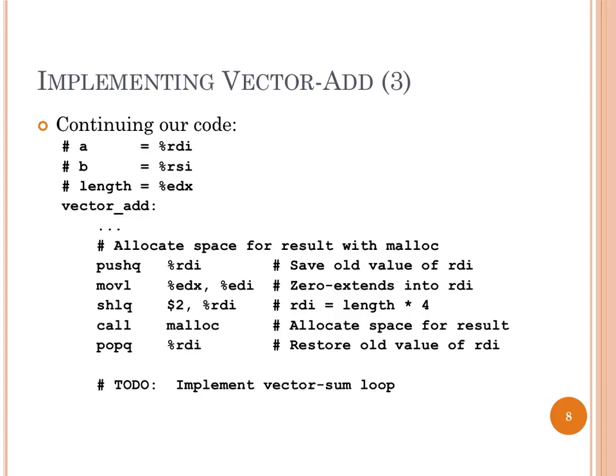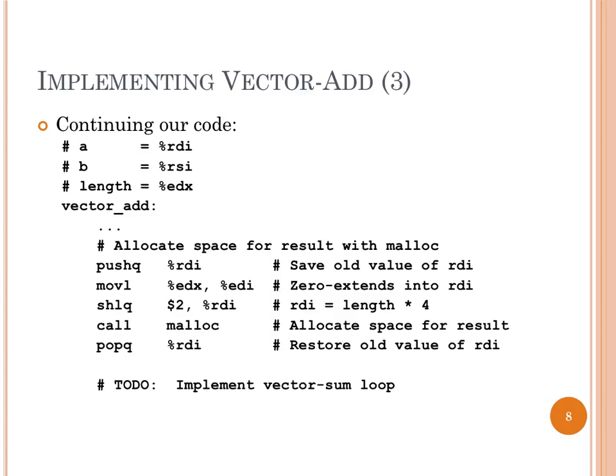This is a really interesting question. If you didn't care about saving the value of A, would you have to push and pop RDI? The answer is no. But this does prompt another question that we should be asking ourselves, which is, are there any other registers that malloc may have its way with?